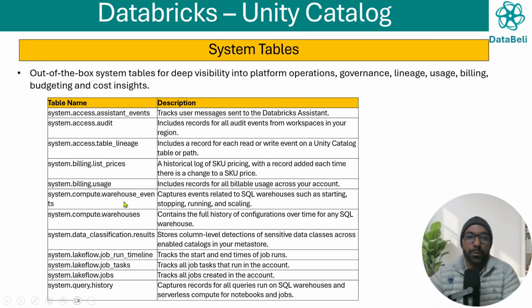Similarly, other compute related information is tracked in these tables. Lakeflow level and job and task level information is captured here. Whatever SQL query we are running is also tracked here. So each and everything is tracked in these system tables, which provide a lot of visibility, where we can just check things using SQL queries or even create dashboards to monitor things properly.